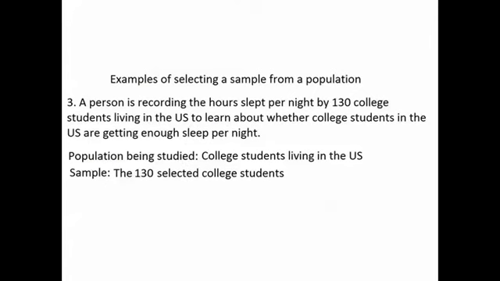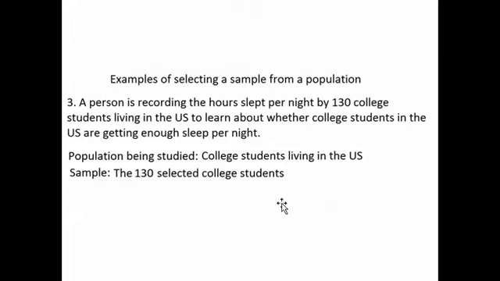And one thing that can be confusing is that whether a group of people is a population or a sample can actually depend on the study. For example, if I'm interested in reaching a conclusion about Stanford students, and I collect data from all Stanford students, then I've actually collected data from all members of the population that I want to learn about, because I'm just trying to learn about Stanford students.